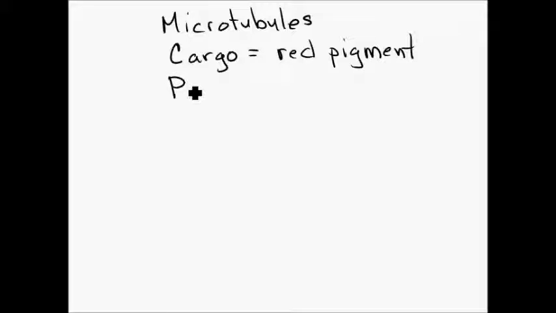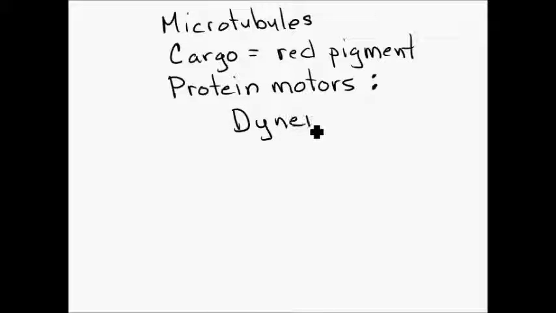Now, the dispersal of the pigment is going to occur by the use of protein motors. And because the pigment has to go in two directions, it will require two motors. One of the motors that you learned about in class is the motor dynein. This is the motor that is able to take material towards the centrosome.